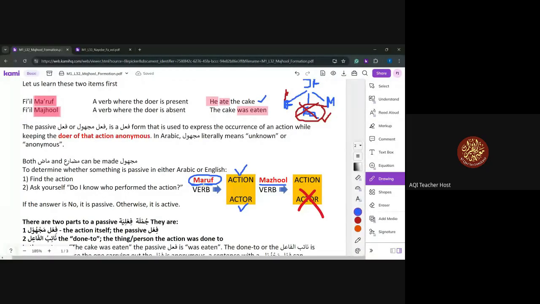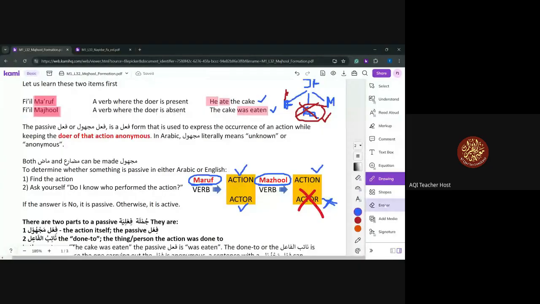But in a sentence where the action is present but there's no doer at all, like "the cake was eaten," the verb would be majhul, meaning in its passive form.